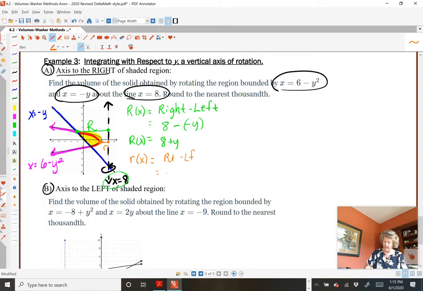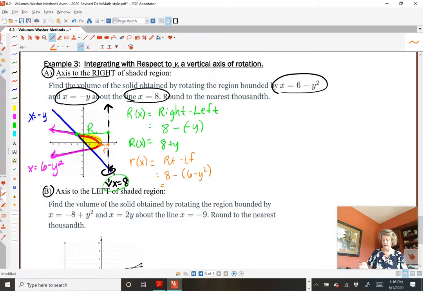And that will be 8 minus 6 minus y squared. Note the parentheses because we need to subtract both terms of the leftmost function there. So I'm going to get 8 minus 6. Oh, let's just write it as 2. 2 minus minus makes plus. I get 2 plus y squared for my little r.